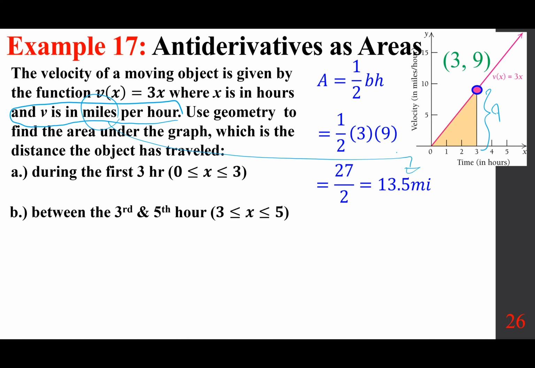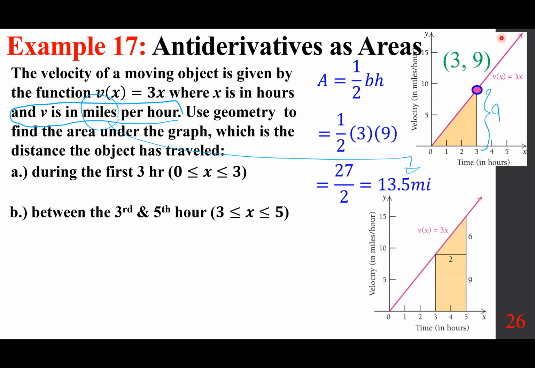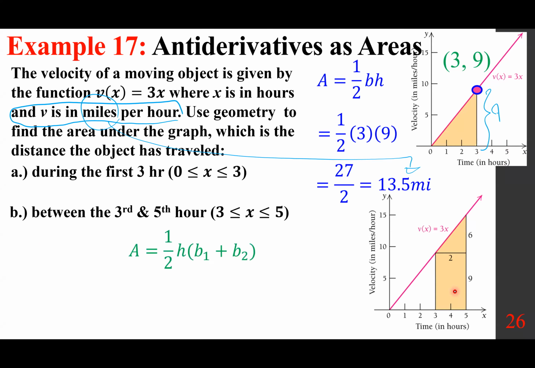What about between the 3rd and the 5th? Third and the fifth, you do the drawing, and you want this area. As you know, this is a trapezoid. An area of a trapezoid is 1/2 the height times the smaller base plus the larger base, or B1 plus B2.